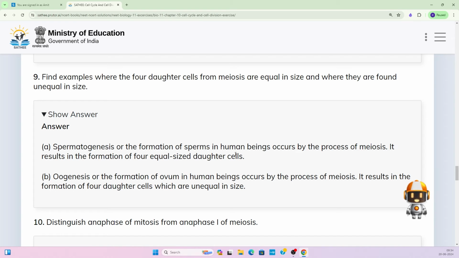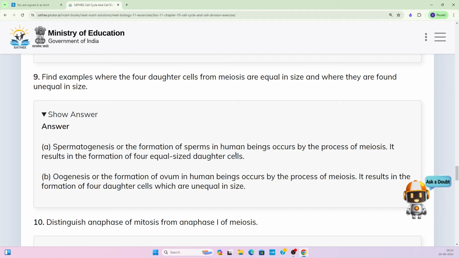Very important, right? After the meiosis division, four haploid daughter cells are formed, and all the cells formed here are equal in size. So this is one example that shows meiosis where the new cells formed are of equal size.